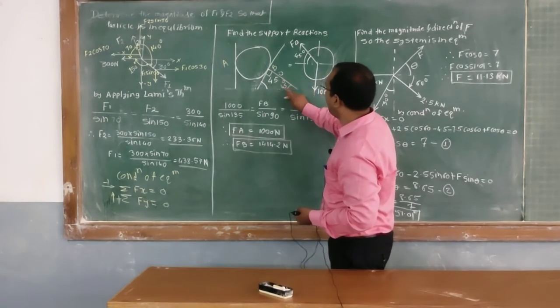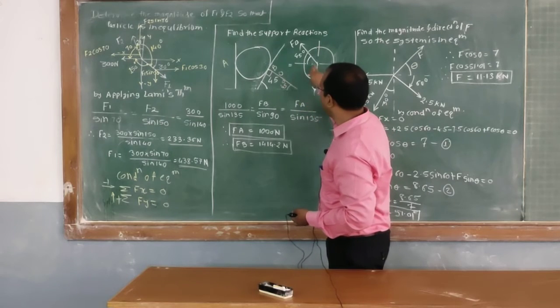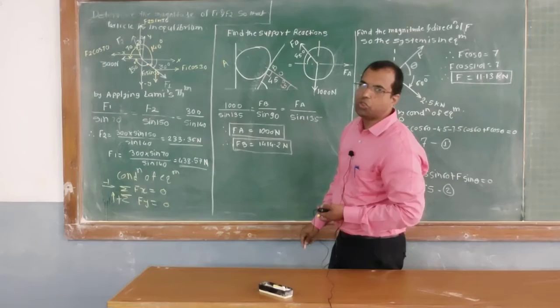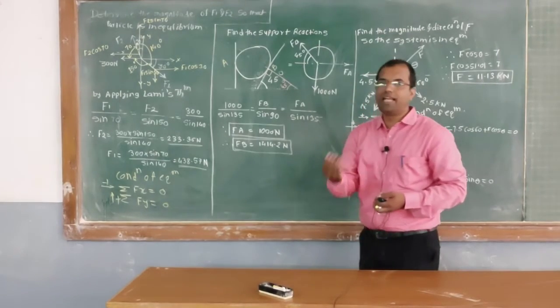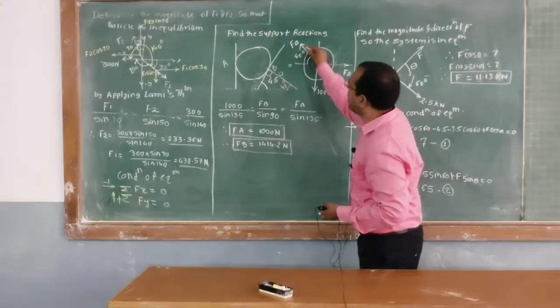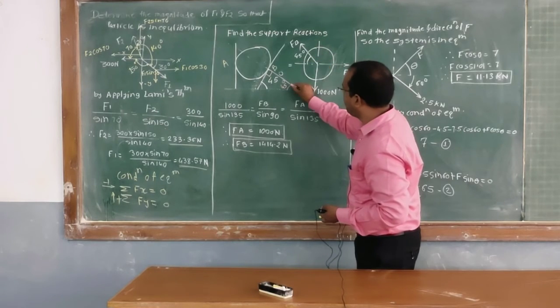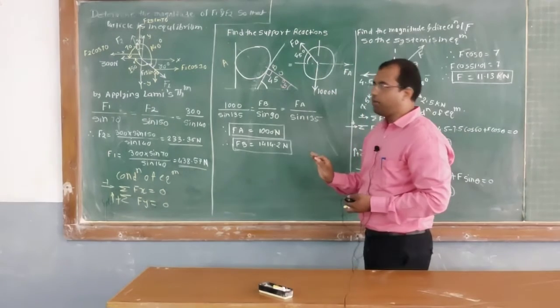Therefore I have shown this reaction over here by using the principle of transmissibility. We can show the force anywhere on its line of action. Therefore this reaction is FB or RB, which makes an angle of 45 degrees with respect to horizontal.